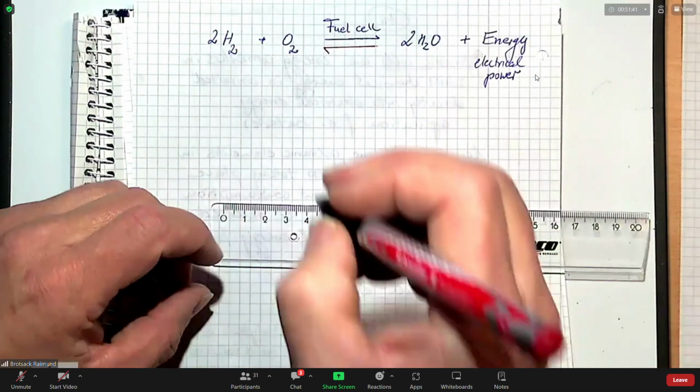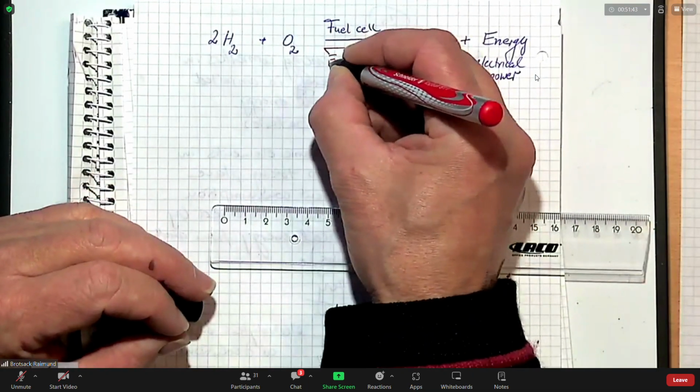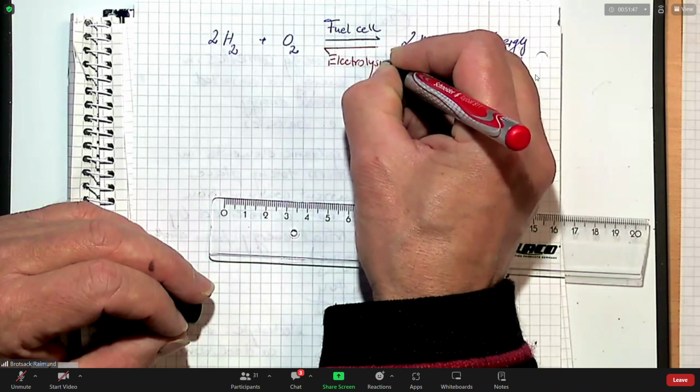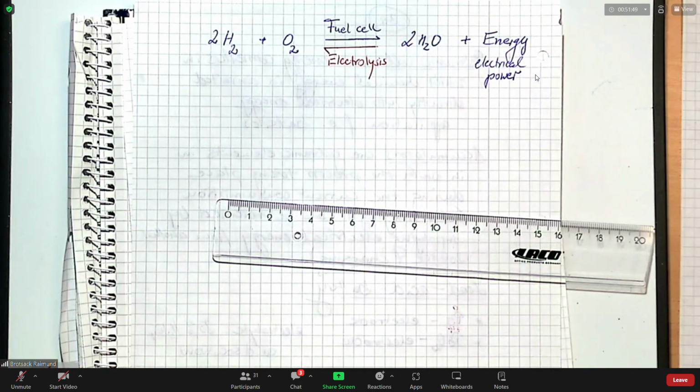That is the electrolysis. In an electrolyzer, we add electrical power coming from wind and photovoltaics or other renewable sources, and we split up water in hydrogen and oxygen, but that needs power.